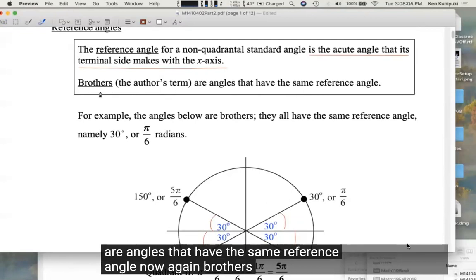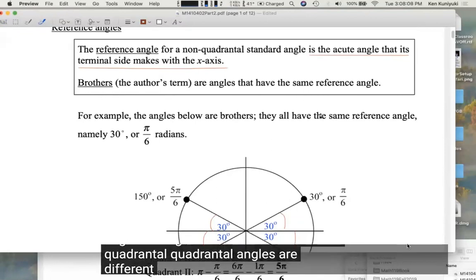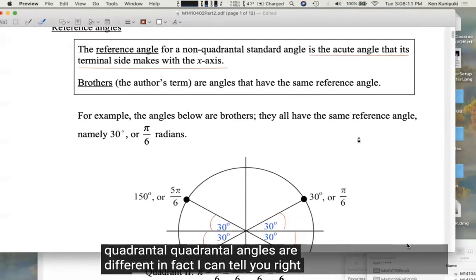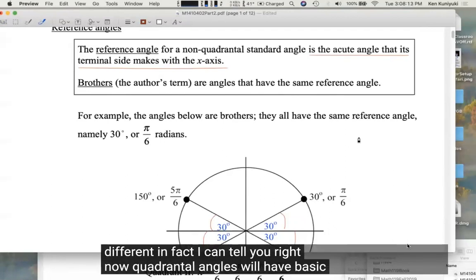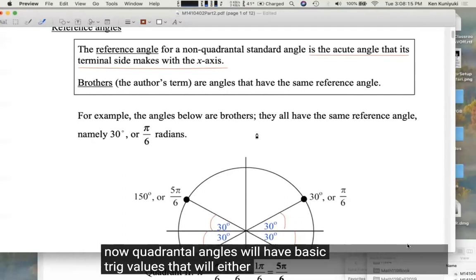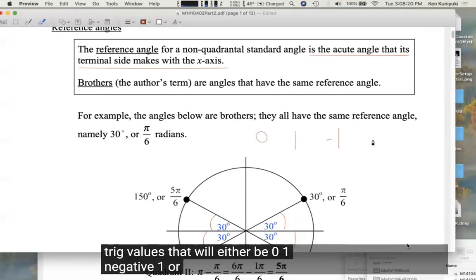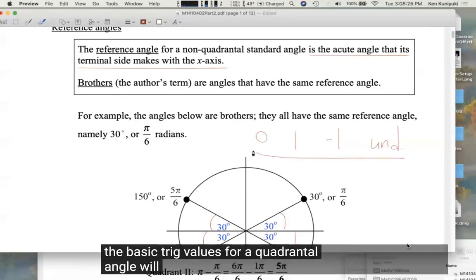Now, again, brothers have to be non-quadrantal. Quadrantal angles are different. In fact, I can tell you right now, quadrantal angles will have basic trig values that will either be 0, 1, -1, or undefined.